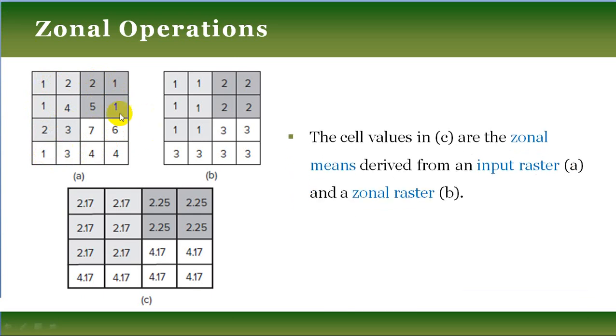In zone 1, whatever pixels are there, we can calculate their mean value, and that will be assigned in a new output raster. All the pixels have the same mean value. You see 2 plus 1 plus 1 plus 2 plus 3 plus 4, then divided by 6, you will get 2.17.